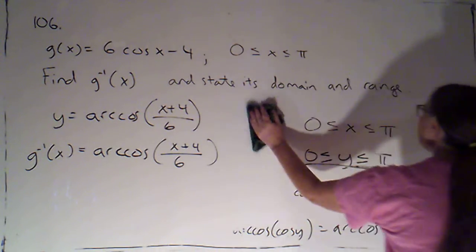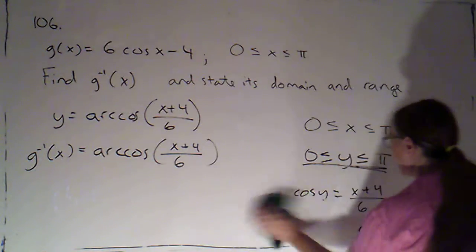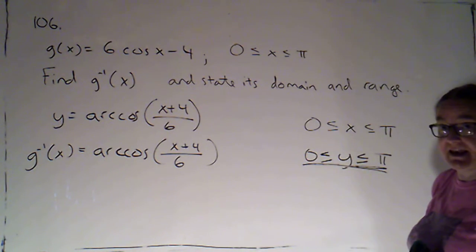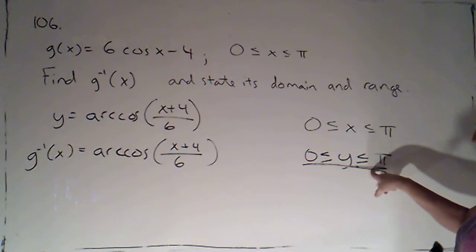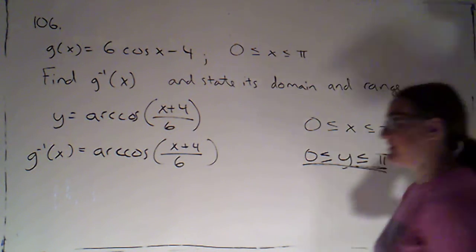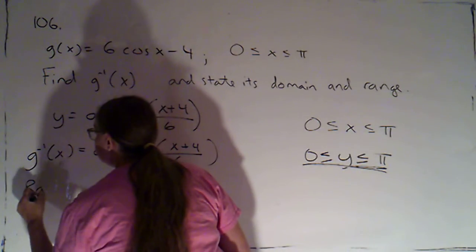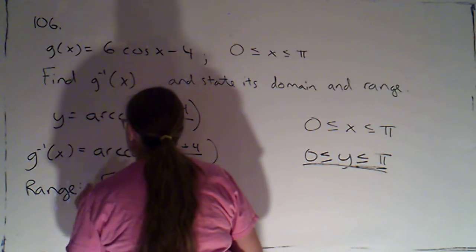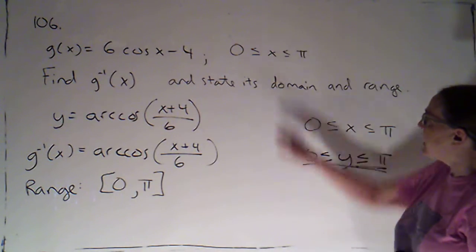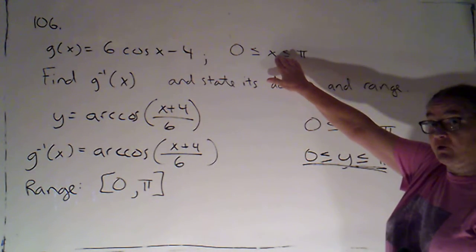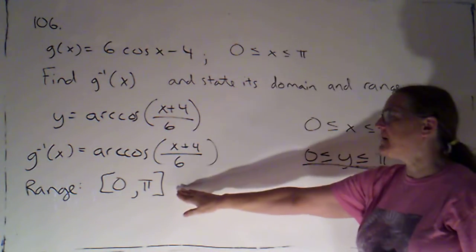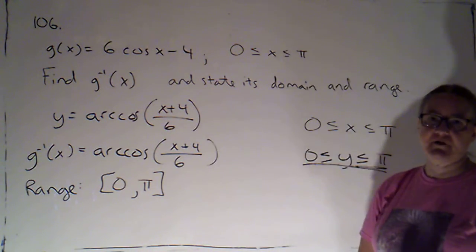Okay, now we were asked to state also the domain and the range of this thing. Now the range I pretty much have right here. Y is in the interval from 0 to pi. And of course, the domain of the original function, which was the interval from 0 to pi, becomes the range of the inverse function.